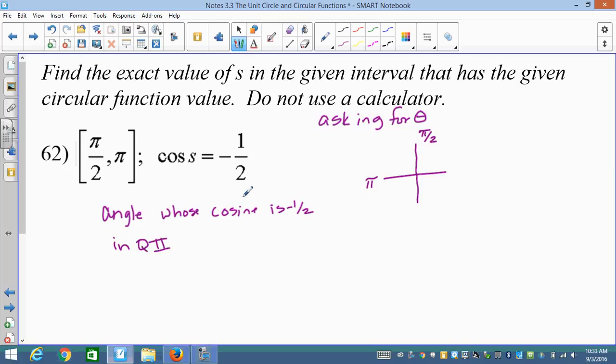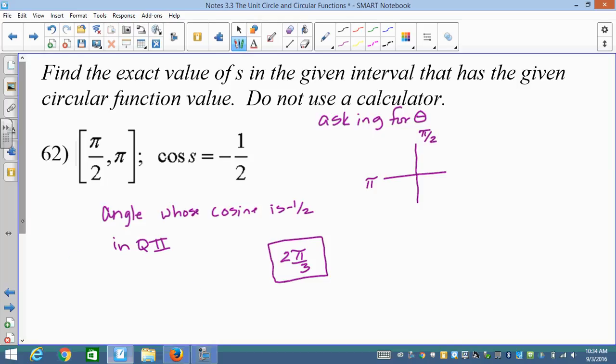So you can look at your chart, or you can look at the unit circle. Look at the unit circle, you can get it very fast. You just find your cosine value that's -1/2 in quadrant 2. Or you can look at your chart and find cosine of 1/2 is going to be pi over 3, but that's in quadrant 1. And then in quadrant 2, it's going to be 2 pi over 3. And there's your answer.